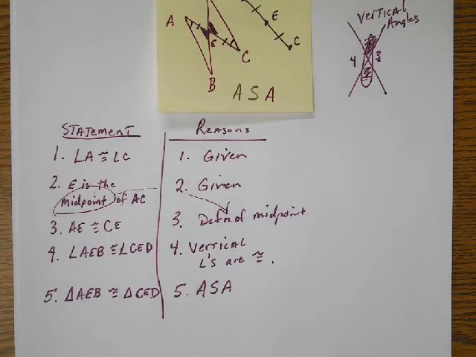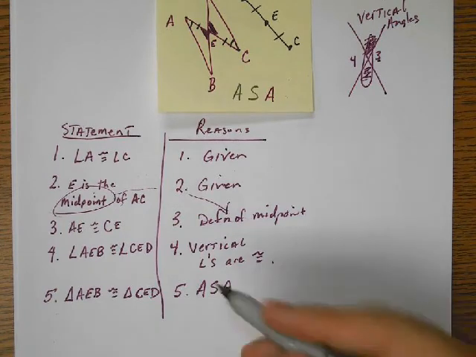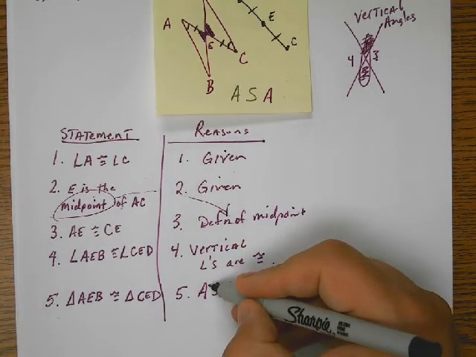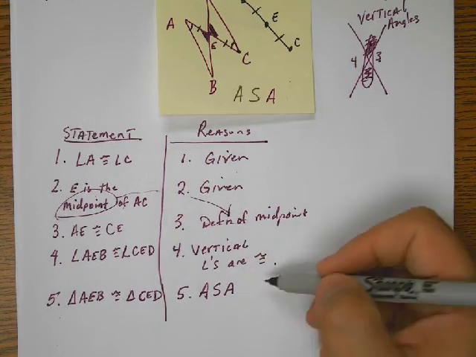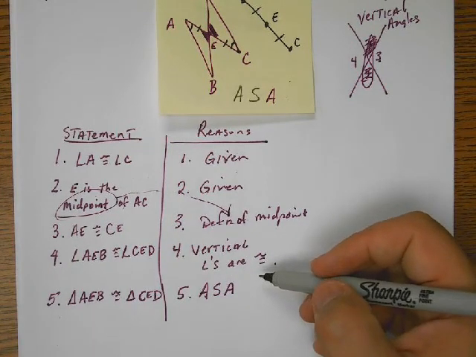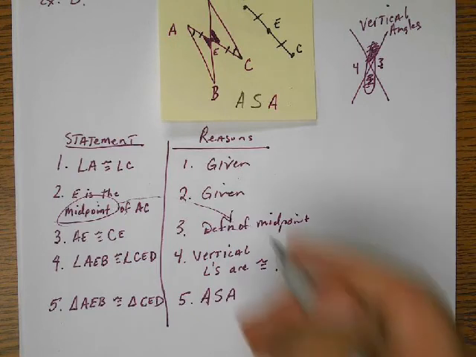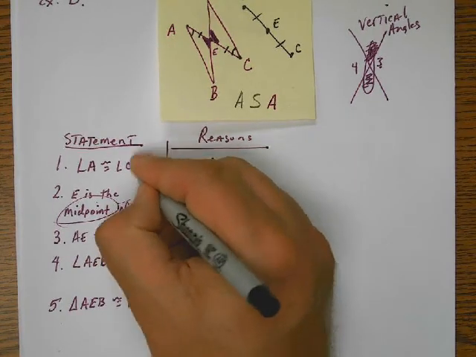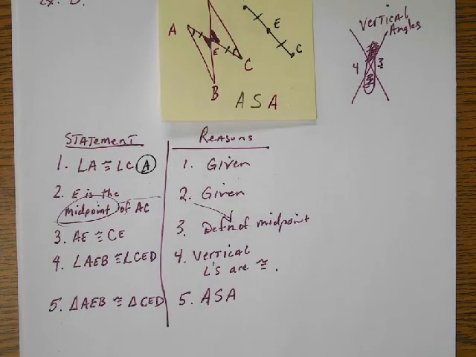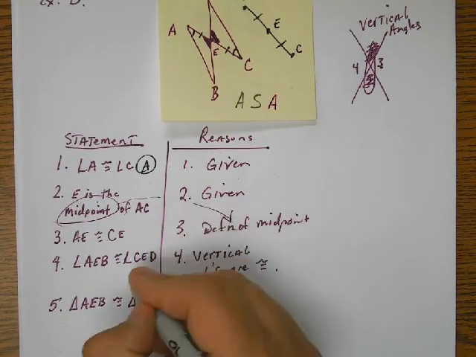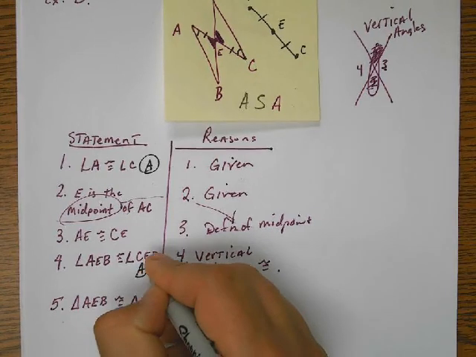Now, here's a good habit to get into. I don't require it. You don't get extra credit for it. And I don't count against you if you don't do it. But it will help you. So what we've done is we've shown that 2 angles are congruent and the included side. I can go back through my proof and show, okay, right here in the given, that was one angle. Angle A and angle C. And then the other angle was right here.